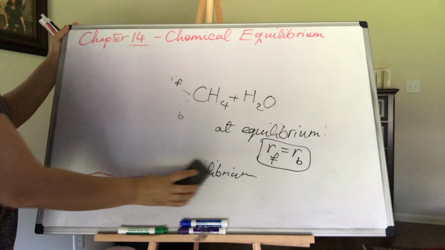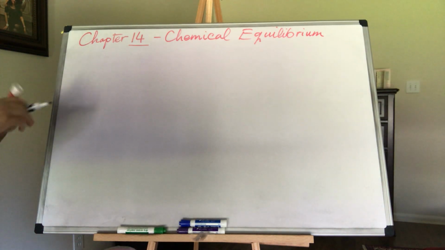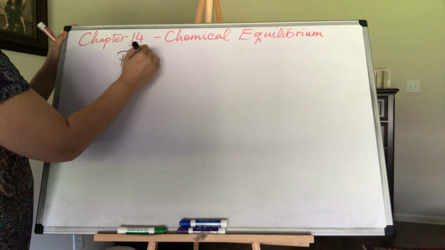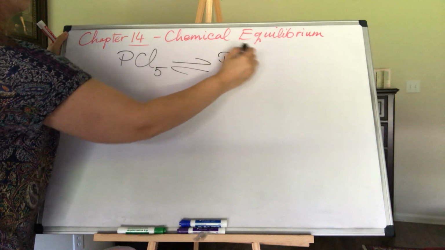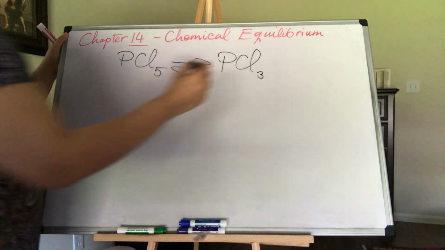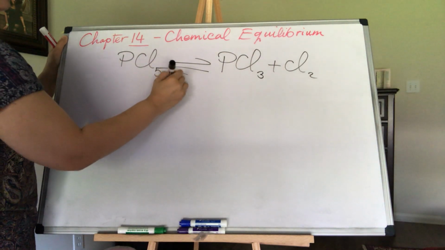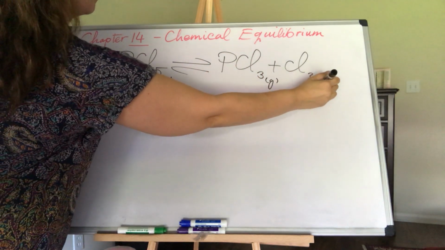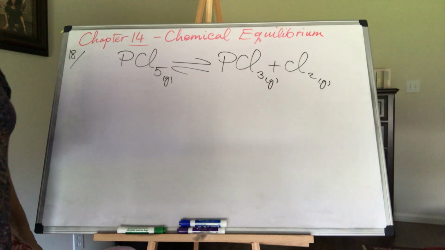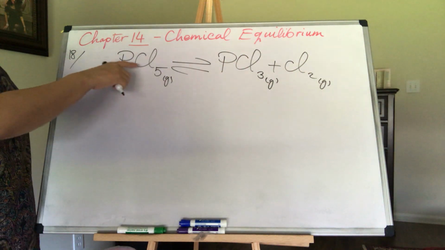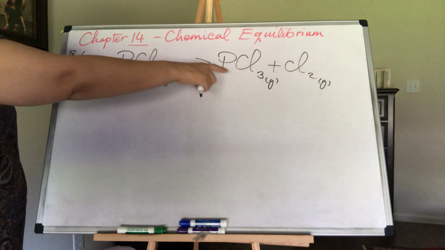Let's work on the stoichiometry of equilibrium. PCl5 plus Cl2. This is the reaction we have on slide number 18. Then the question says, when heated, PCl5 decomposes and PCl3 and Cl2 form.